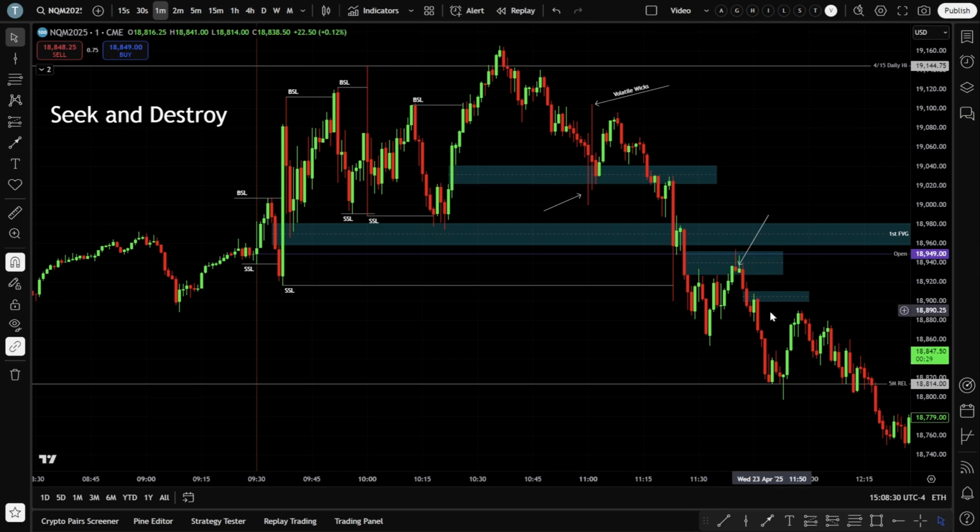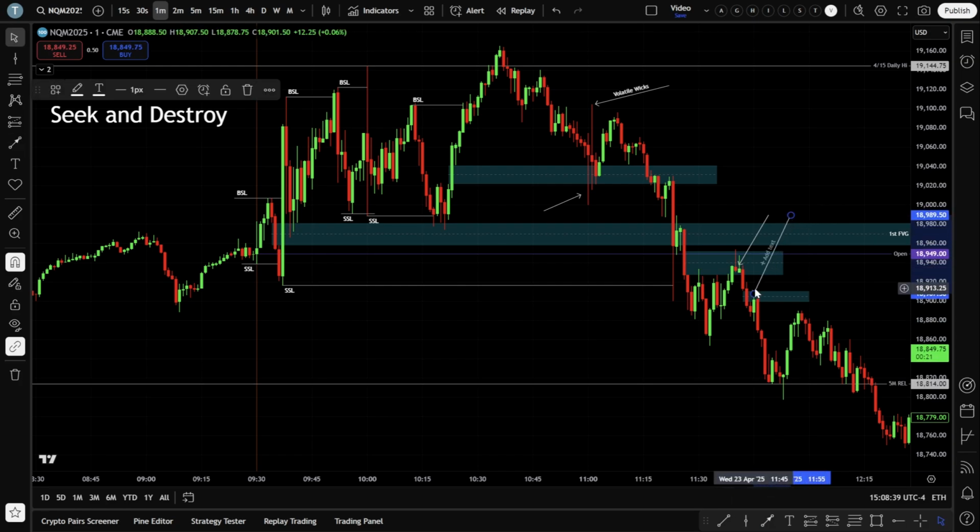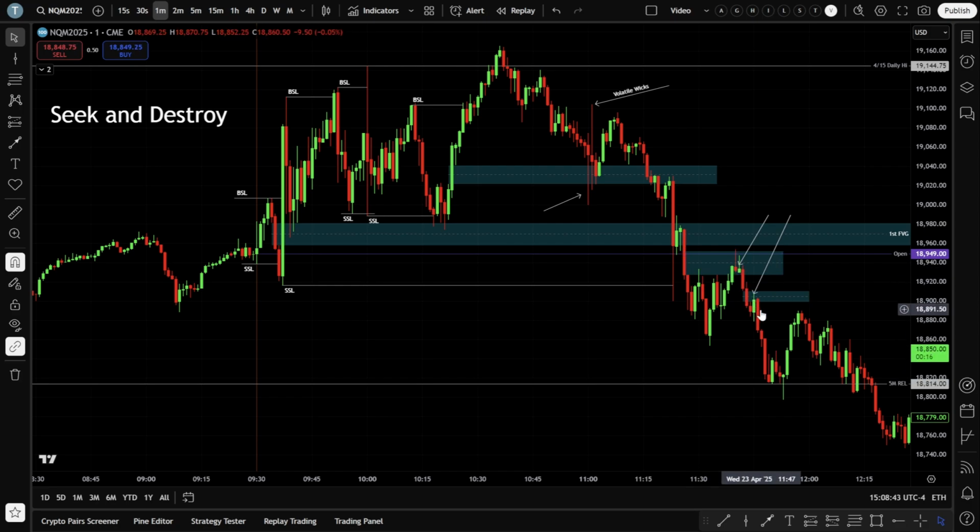And if you miss that, you have a second opportunity right in here. Right there, another fair value gap is created to the downside. So we have this market structure shift. We're bearish. We return to the fair value gap, drop again, creating another fair value gap here.